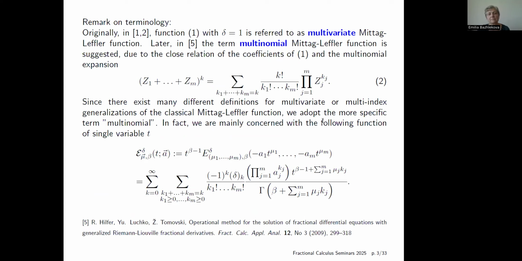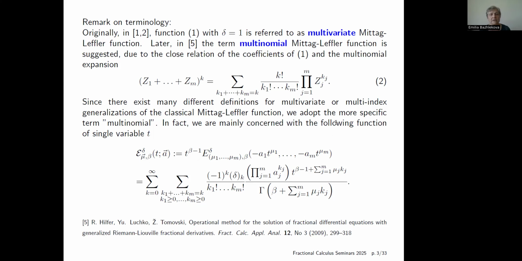Later, in paper 5, the term multinomial Mittag-Leffler function is suggested due to the close relation of the coefficients in equation 1 and the multinomial expansion 2. Since in the literature there exist many different definitions for multivariate or multi-index generalizations of the classical Mittag-Leffler function, we adopt the more specific term multinomial.